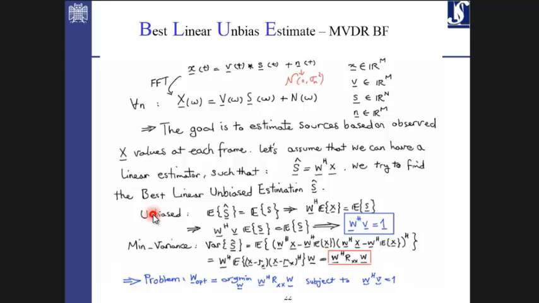So we have the S estimate, the estimation of the signal, to be W Hermitian X, just like filtering X by W. And that's a linear estimation, because S as an estimator is just a linear function of X, so you are doing a linear estimate. Clear so far?